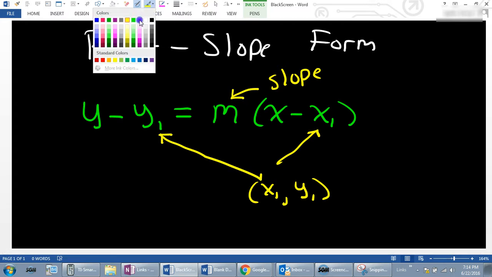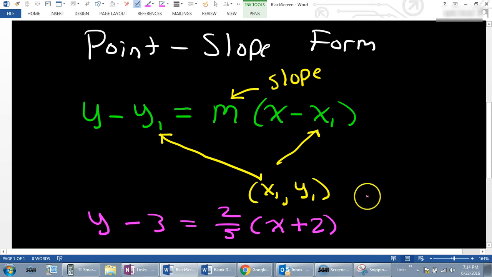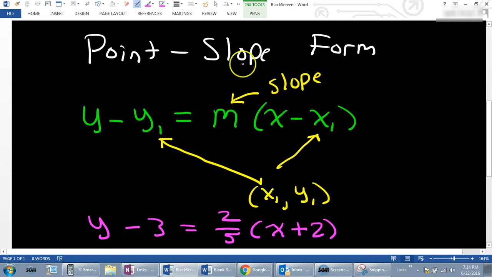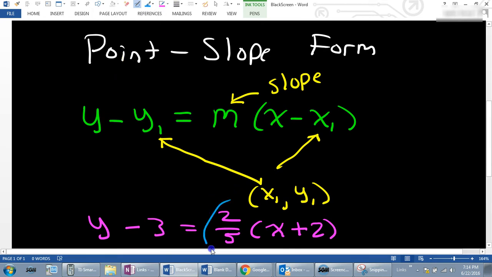So a little example of that would be if I had y minus 3 equals 2/5 times x, and just to make it interesting, x plus 2. If I had this, that would mean that the slope would be 2/5, and the line passes through a point.